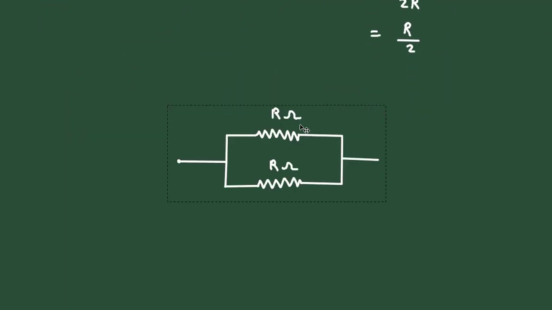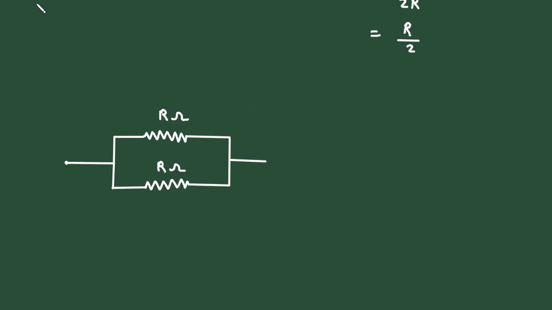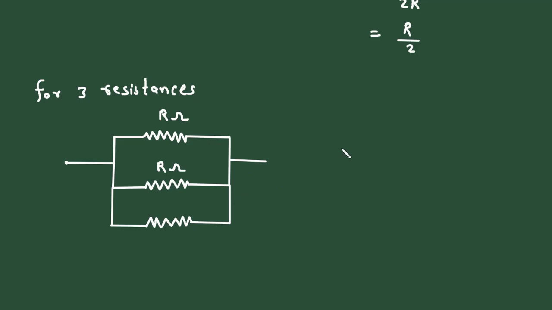Let's see this for three resistances. Here we can write for three resistances. Let's add one more resistor here. So their equivalent resistance will be, also the resistance is the same, that is R ohm.